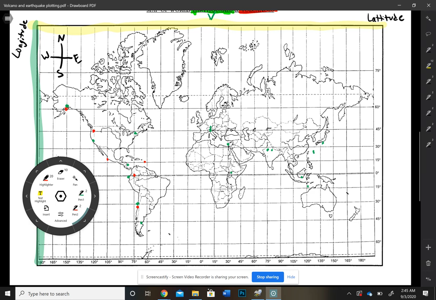It also could help to label the lines over here, so that way you don't have to follow the line all the way through. 40 north, 122 west. I put that on the 20 line. It needs to be just a little over.